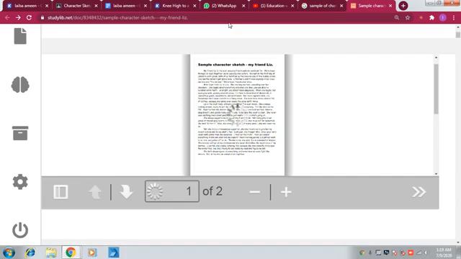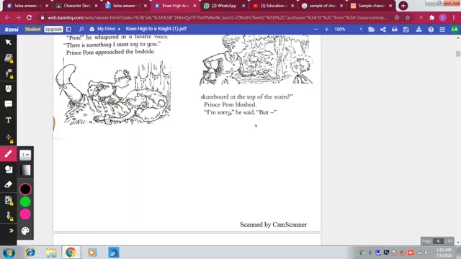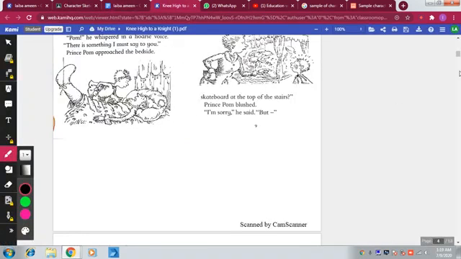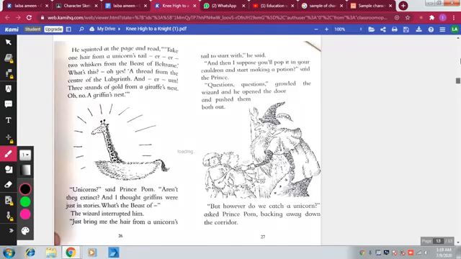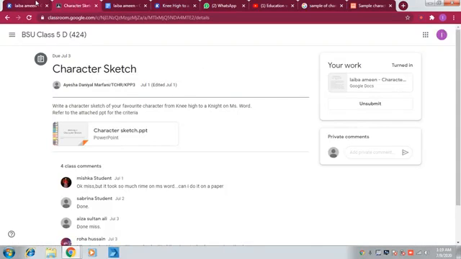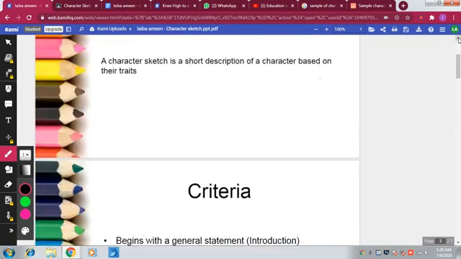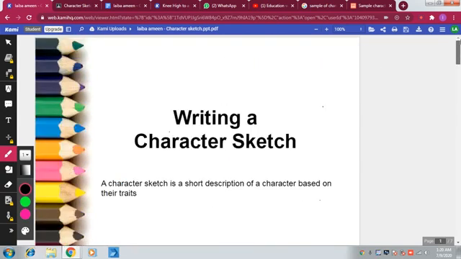I just wanted to make this character sketch clear, and this is from Night to a Night. I'll send you this novel, if you get time, just read it. It's good. So this was the story. Hope you all understood what a character sketch is. If you still haven't understood, then you can see the sample which I'll send you.